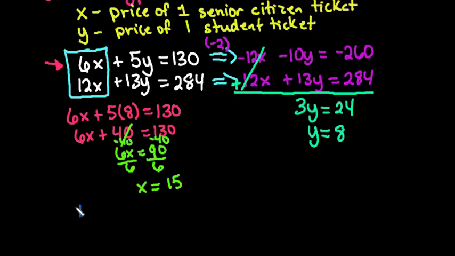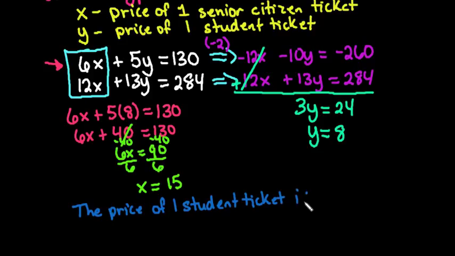So we could say the price of one student ticket is, and so we would look to see, since we used y for student ticket, see I tricked us because I put student first, so this is the one that we would have to report. So the price of one student ticket is $8.